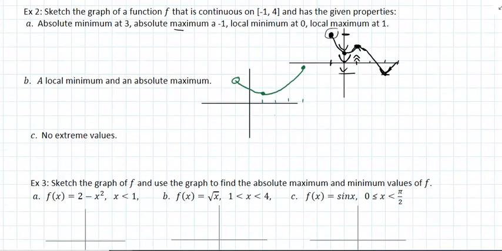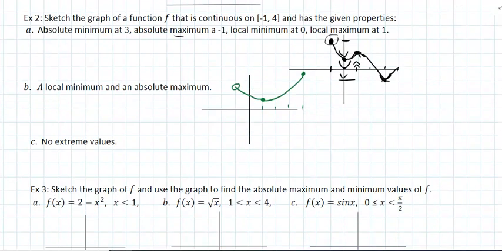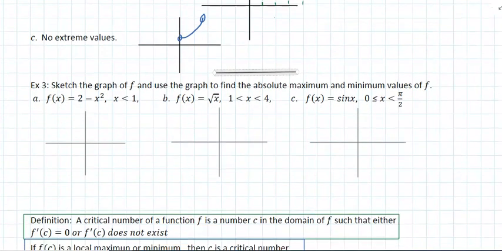Okay, how about giving me a graph that has no extreme values? None whatsoever. A function that's always increasing or a function that's always decreasing. That can't have an extreme value if I don't include the endpoints. No local, no maximum, no absolute.